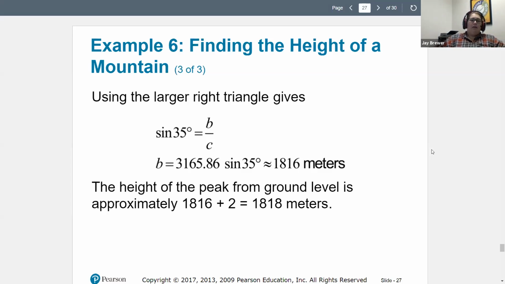So then the height of the peak from the ground is approximately 1,818 meters high. Okay, you have to write it out as a sentence because this is an application problem.